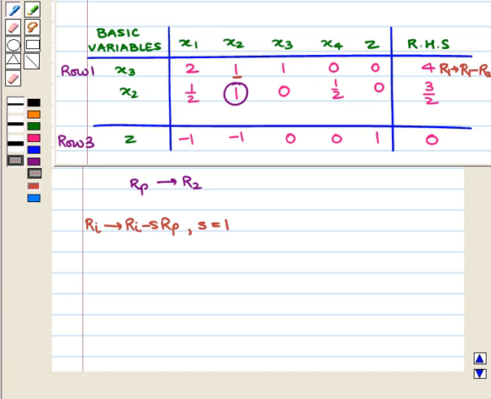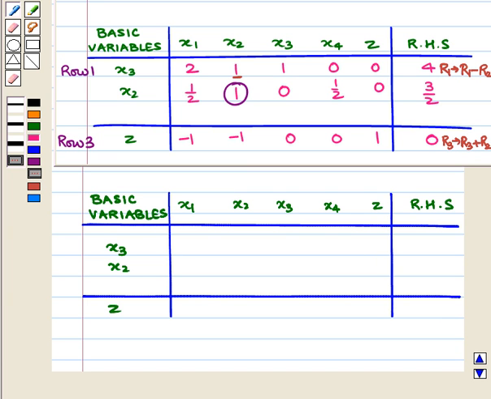Now on row 3, we have negative value T equal to minus 1 in the pivot column, its absolute value is equal to 1. So we choose the operation Ri goes to Ri plus absolute value of t times Rp equal to R3 goes to R3 plus R2.